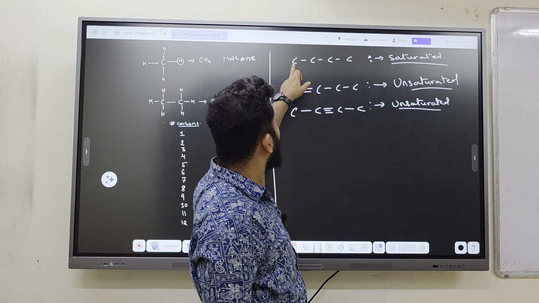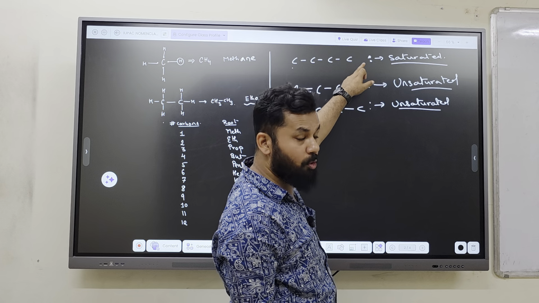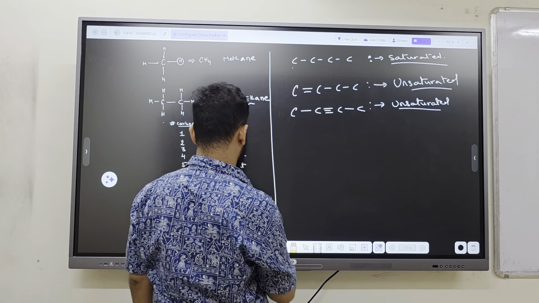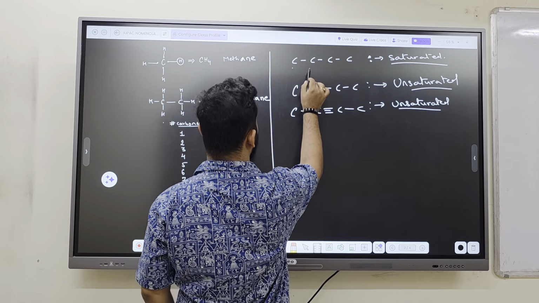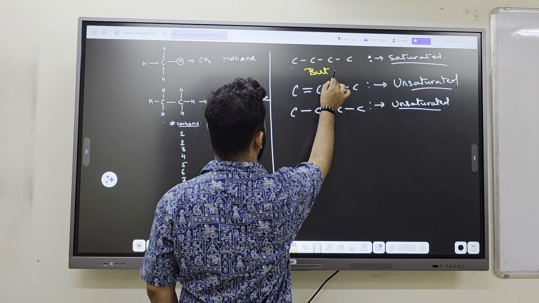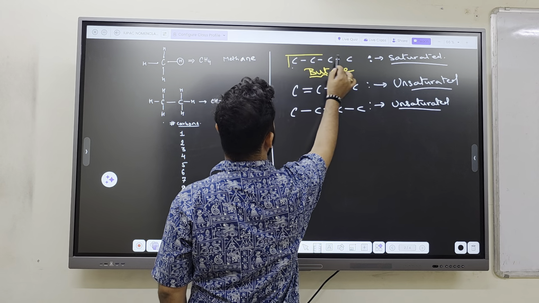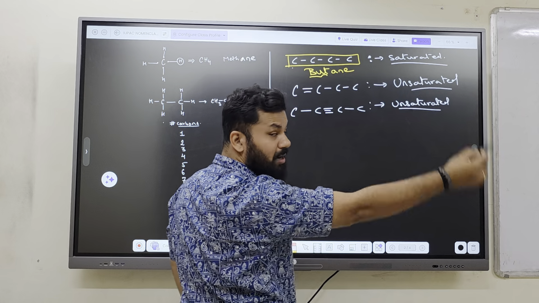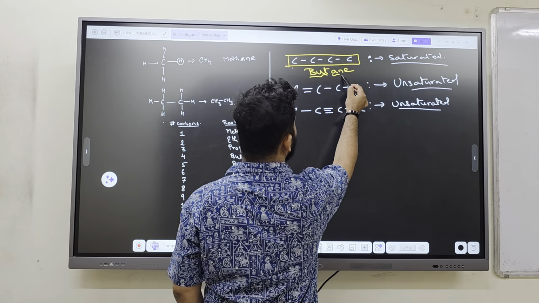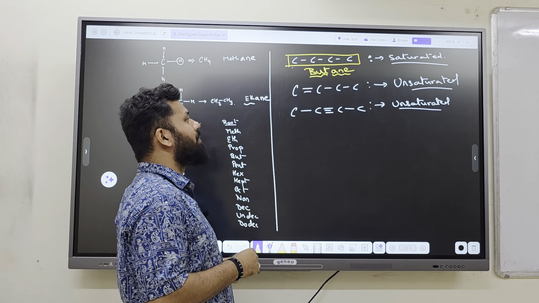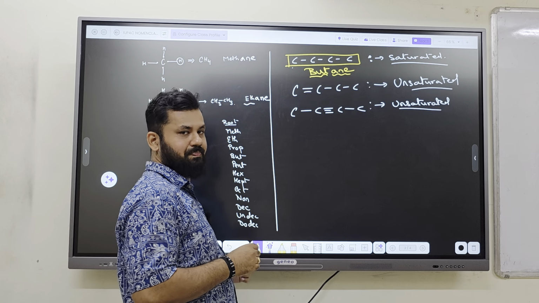Likewise, 1, 2, 3, 4, but. All are single bonds. Therefore, the name of this particular compound would become butane. But tells us that this particular compound has 4 carbons. Ane tells us that all carbons are bonded together by a single bond.